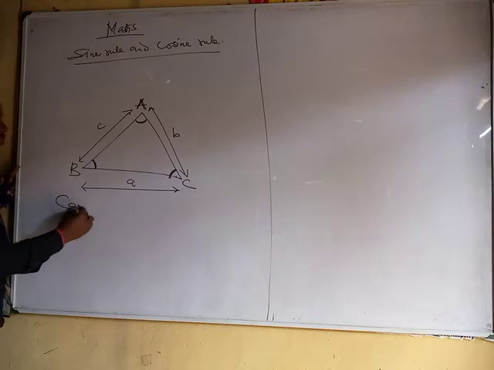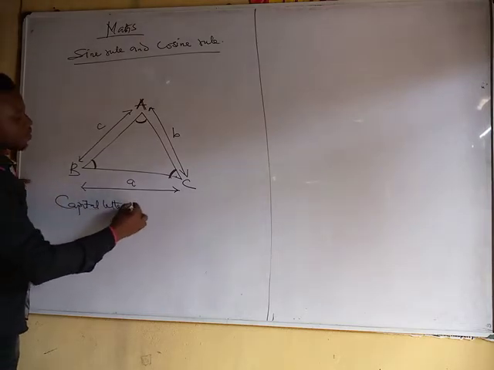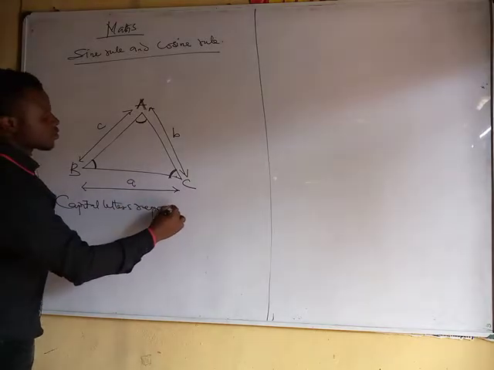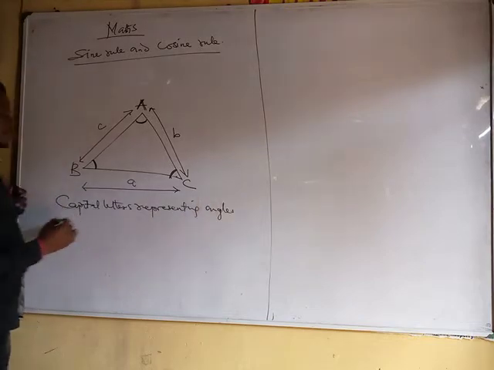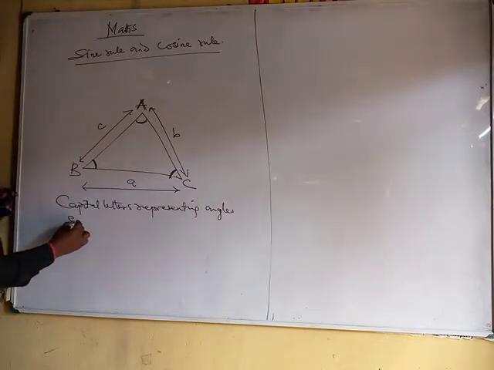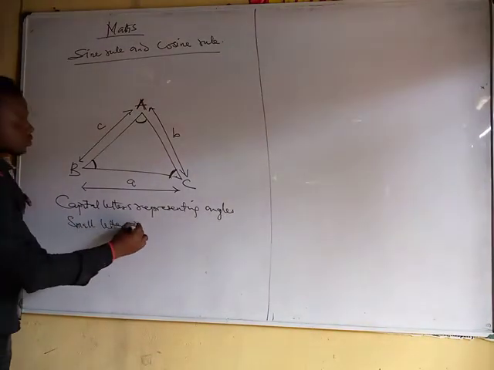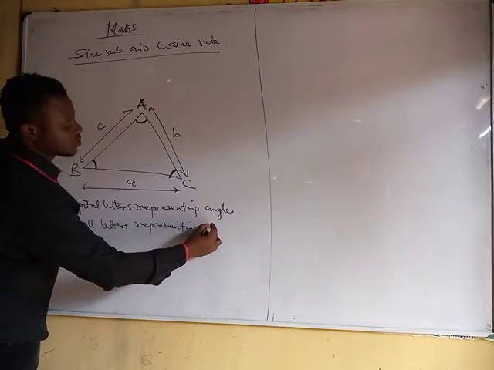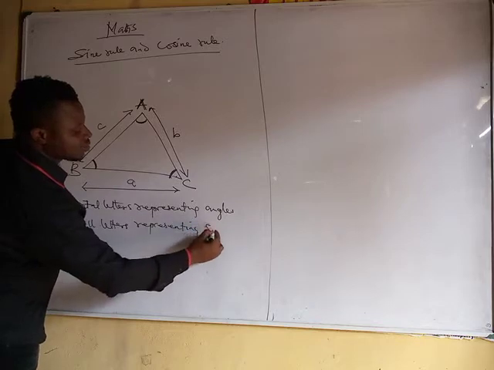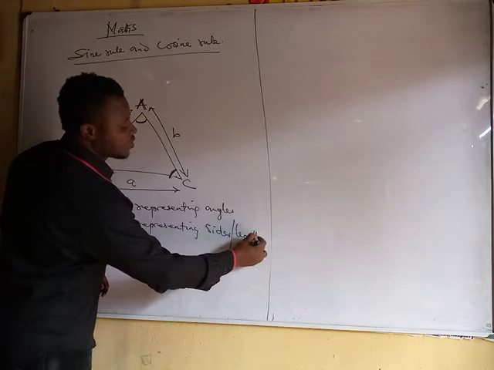There are two things. We have capital letters representing angles, but small letters representing sides or lengths.